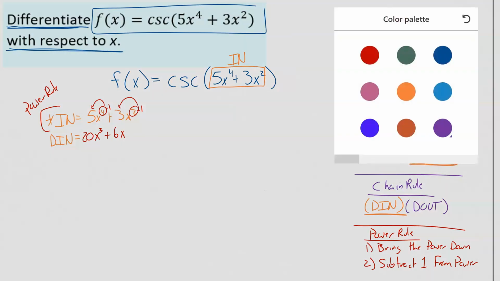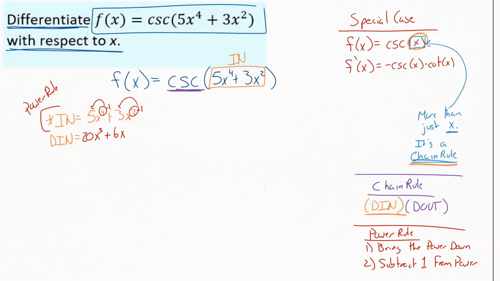Now as I come to look at the outside piece, it is my cosecant function. So this is the piece that is going to follow this special case rule. The derivative of cosecant is negative cosecant cotangent. And so why I leave these parentheses here is because what's inside those parentheses stays the same.